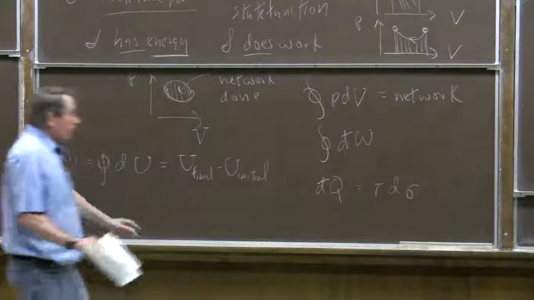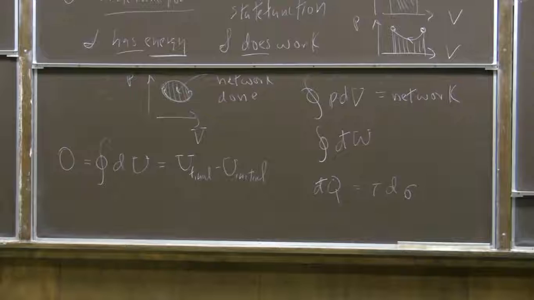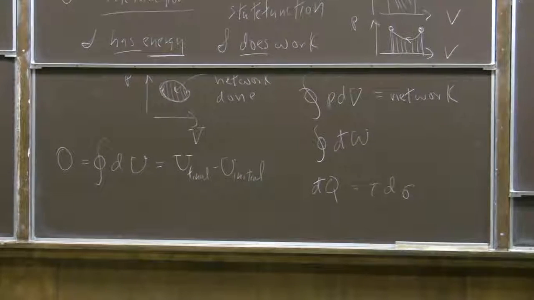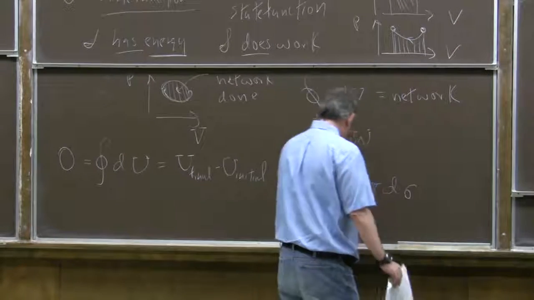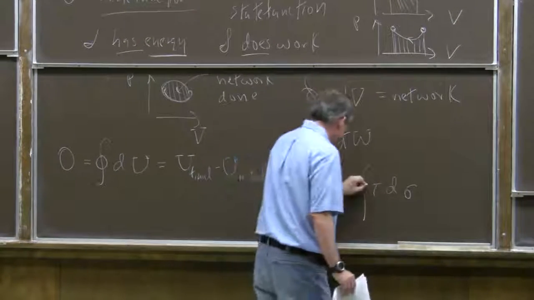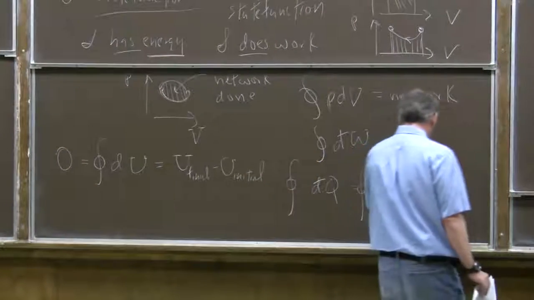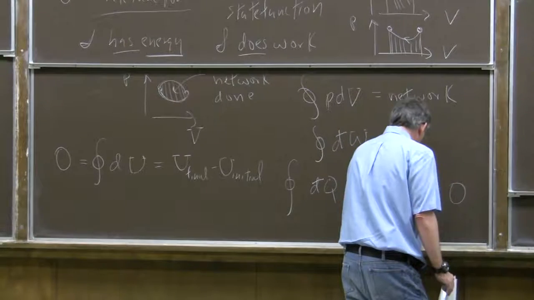But it's possible over a closed cycle for the net amount of heat added to be non-zero. Q itself is not a state function. So the integral over a closed cycle of d̸Q does not have to be 0, just like the work.